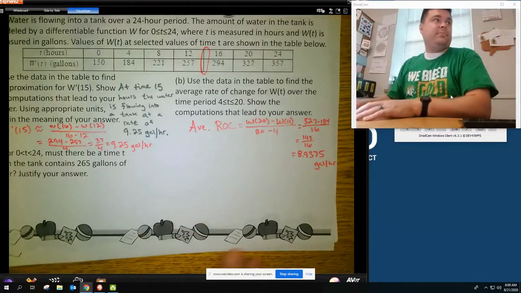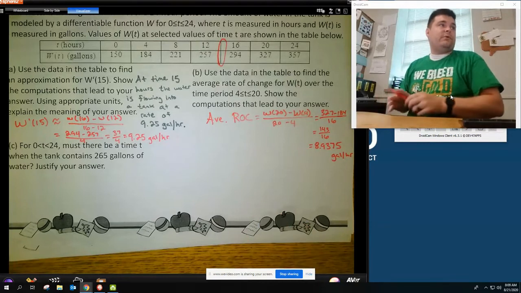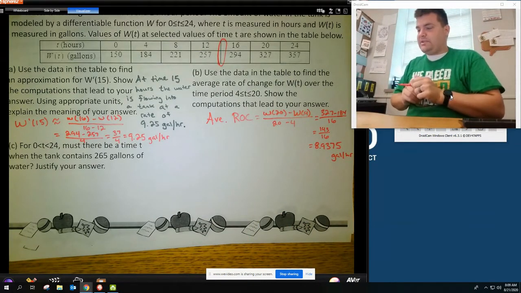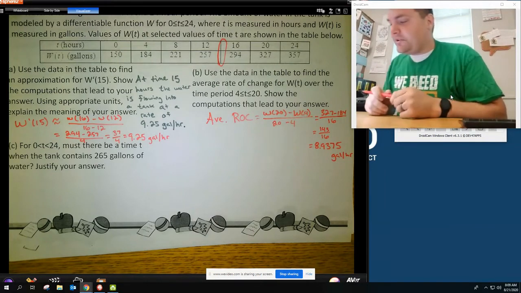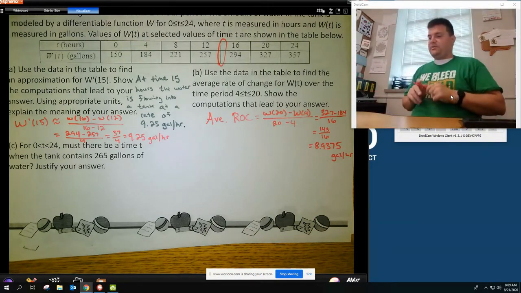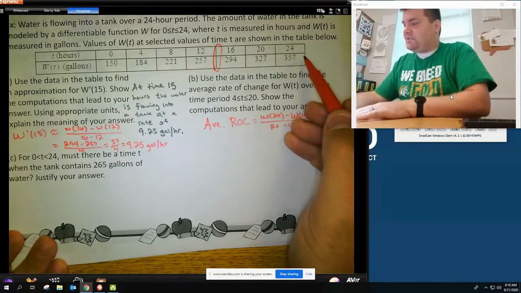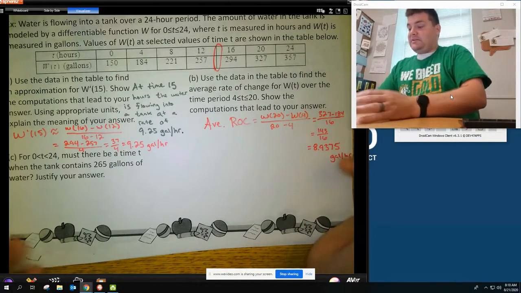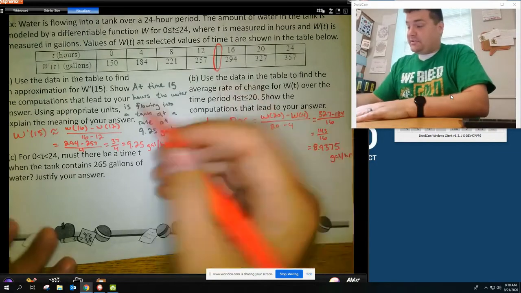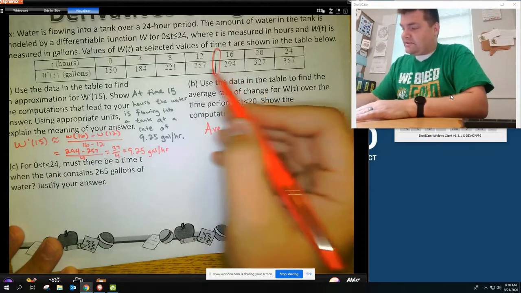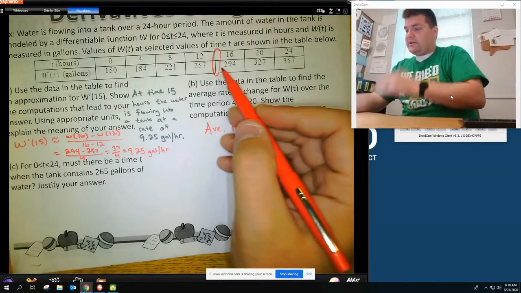Okay, part C. For T between 0 and 24, must there be a time at which the tank contains 265 gallons of water? Justify your answer. So is there a time in here where it's going to be 265? Now, it doesn't actually say it. I don't see 265 in here, but somewhere in this space it looks like it's going to be 265.